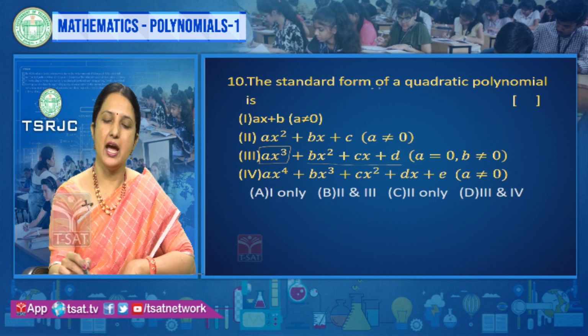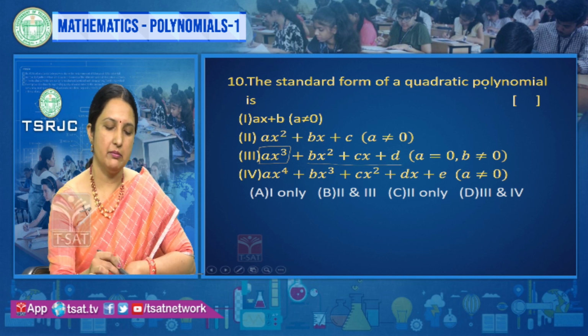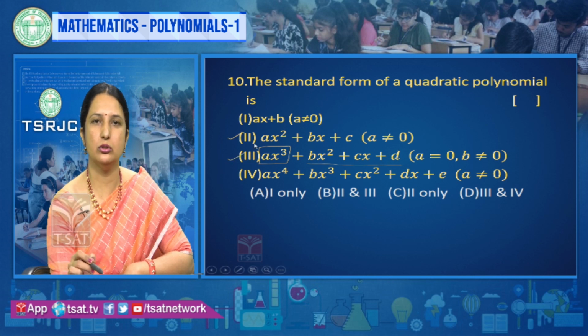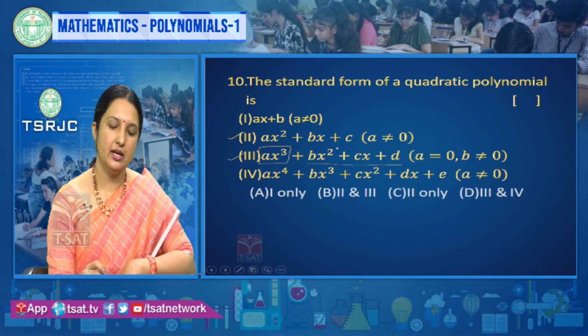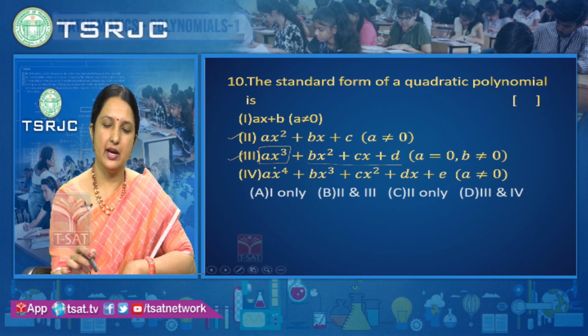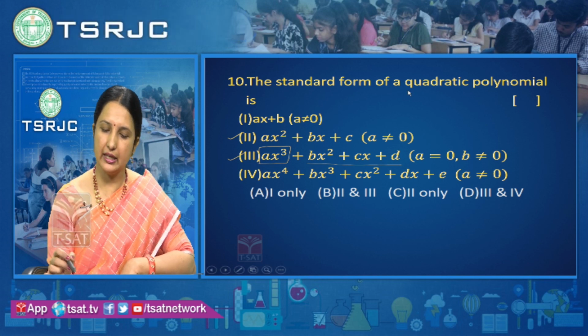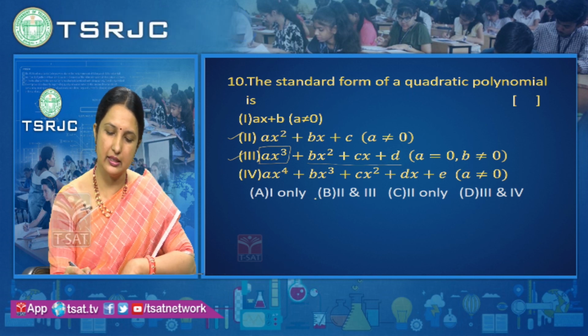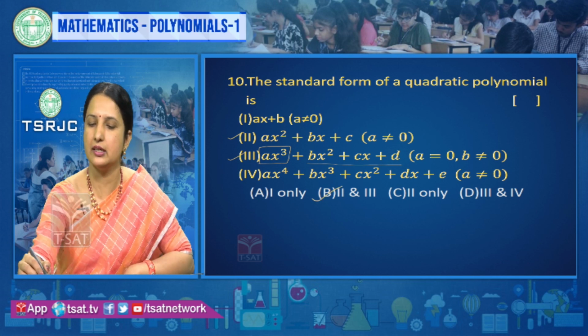So the standard form of a quadratic polynomial, second and third, both come under the quadratic polynomial. And the next, fourth one, power 4 is there, so it is a biquadratic polynomial. This will not come under this. So second and third are correct. So option B is the correct one.